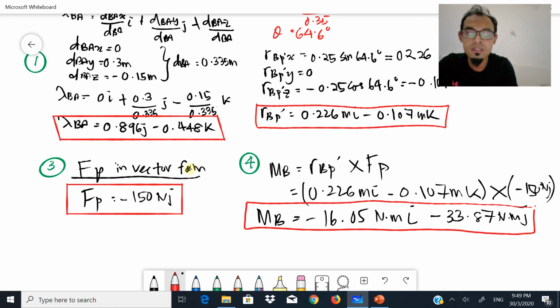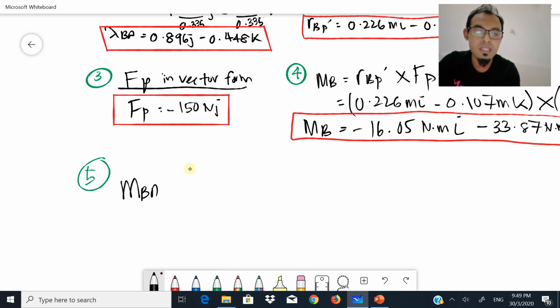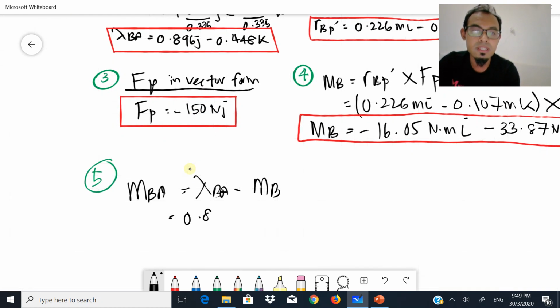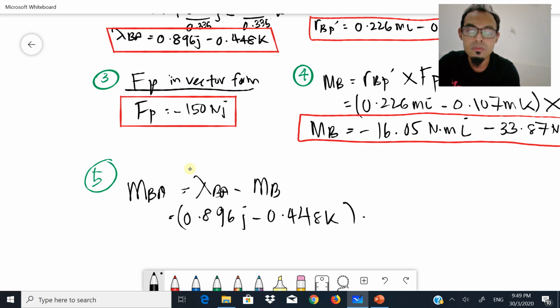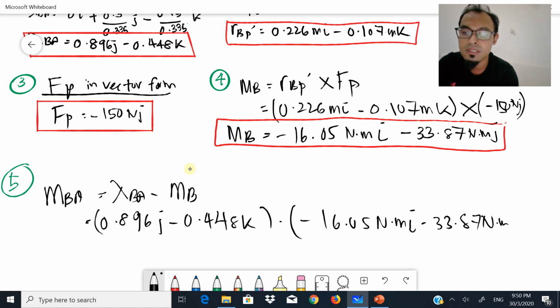The last step is we solve for M_BA using the equation lambda_BA dot with M_B. We already calculated lambda_BA, so 0.896 j minus 0.448 k dot with negative 16.05 Newton meter i minus 33.87 Newton meter j.